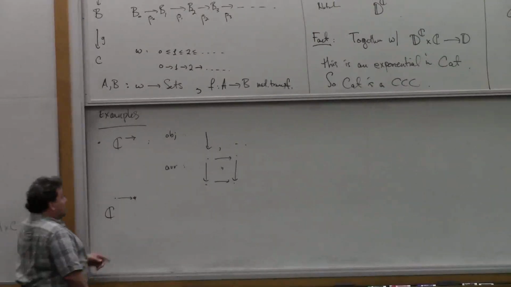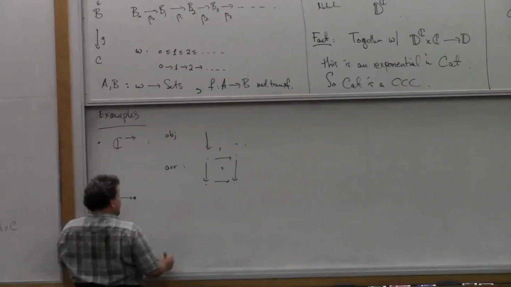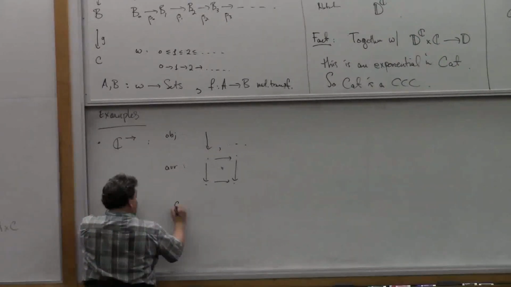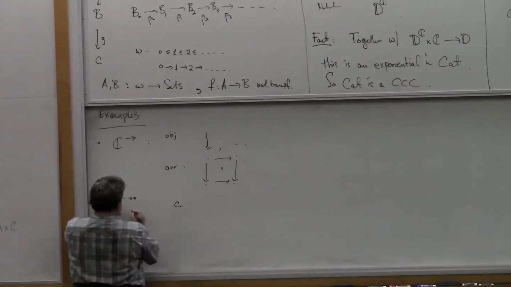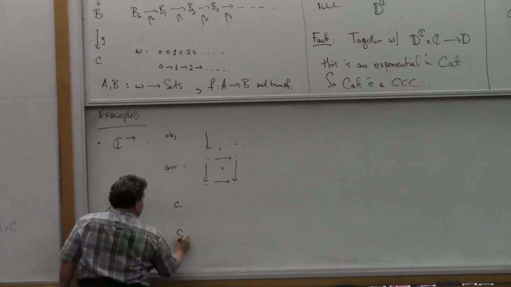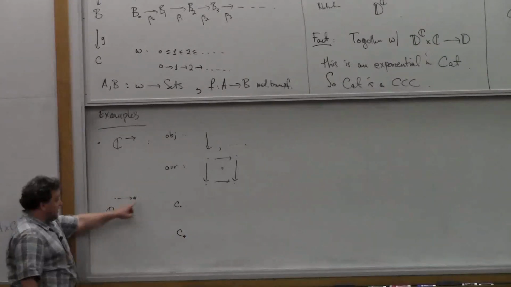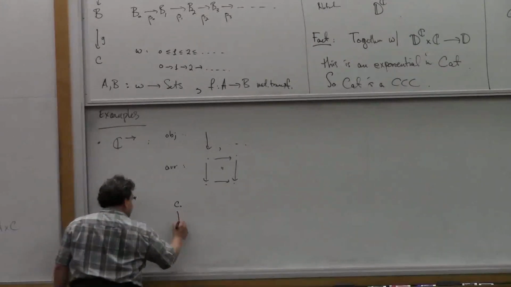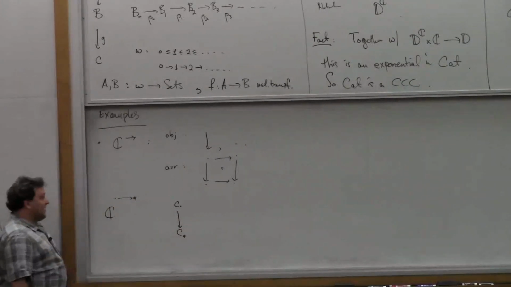So the objects are going to be things of the form C, one for the dot, one for the arrow, or one for the star, and this arrow has to go to something in C, so it'll be an arrow here. So that'll be one such object.